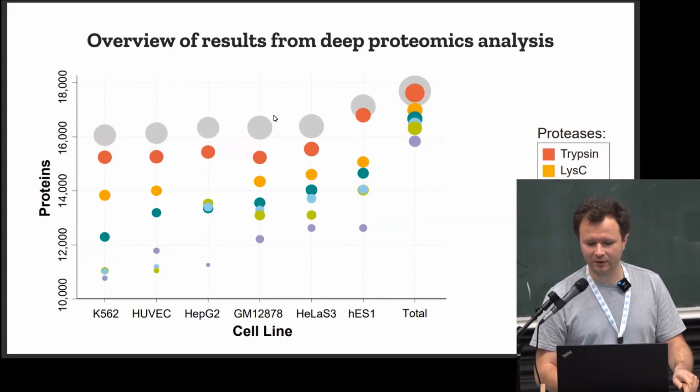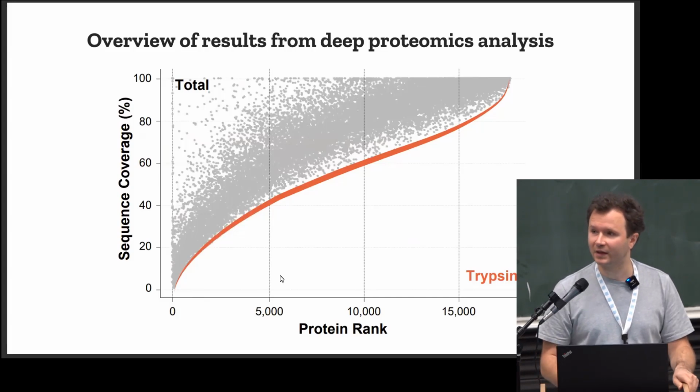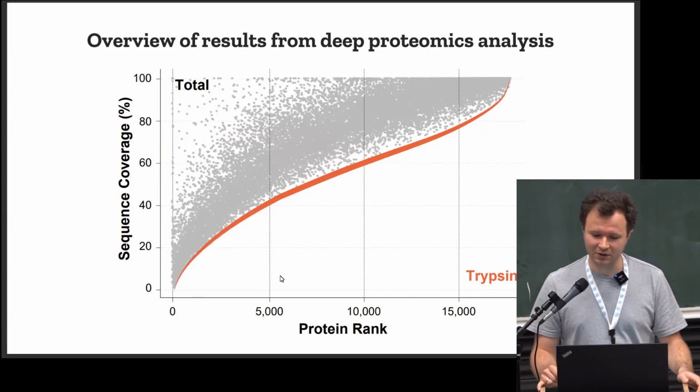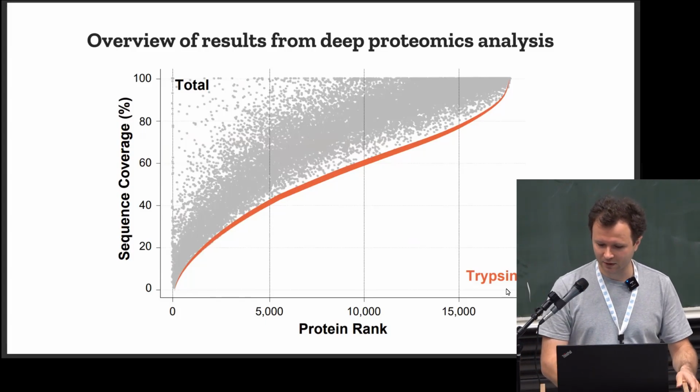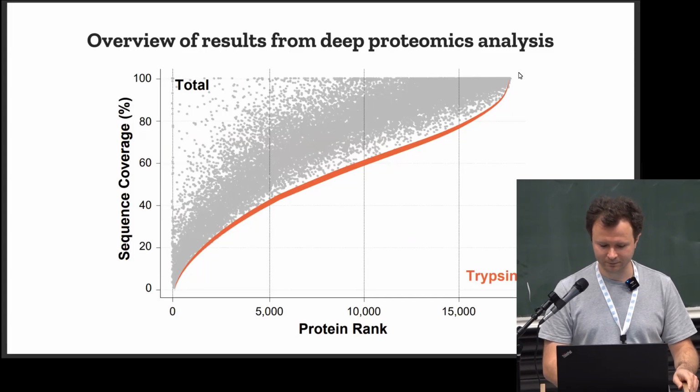And if you combine all of them, you see some advantage of combining, right? That's not super obvious here, but if you take trypsin amino acid coverage of all 18,000 proteins, and sort them from the super low coverage to the super high coverage at the end, you find that we're forming some well-known shape.